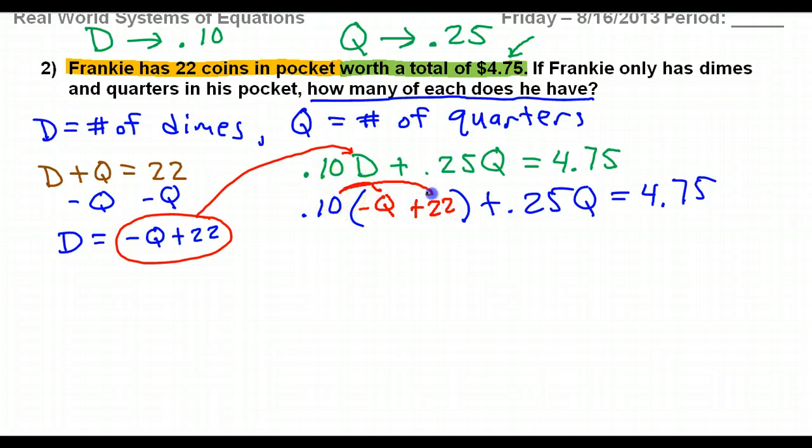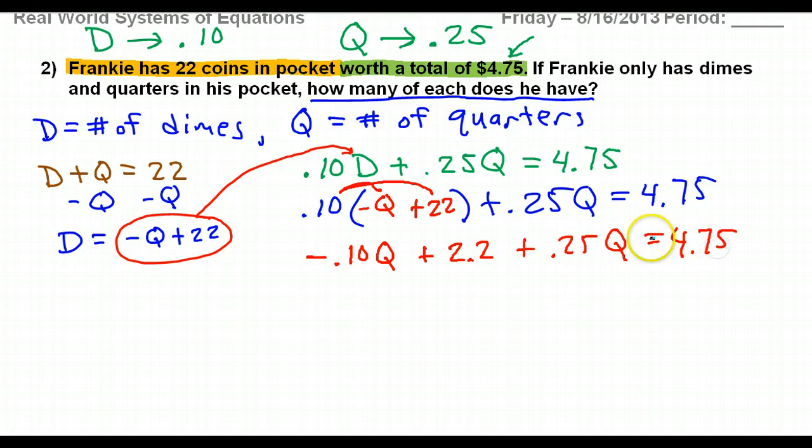After a little distributive property, that's going to make negative 0.10Q plus 2.2 plus 0.25Q is equal to 4.75. Looks like we've got some like terms here.